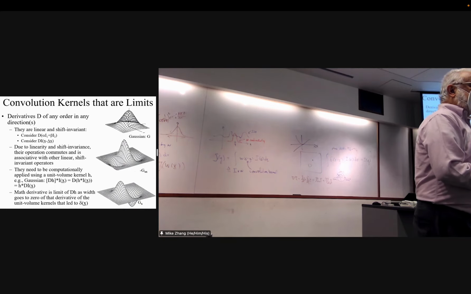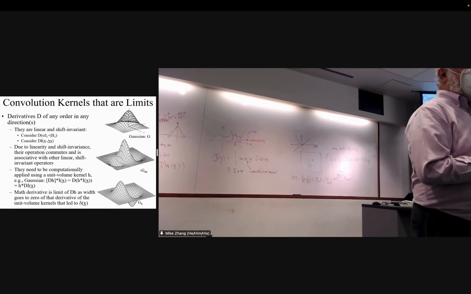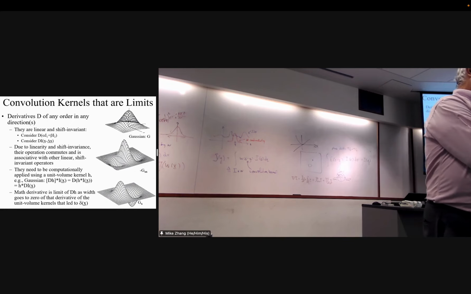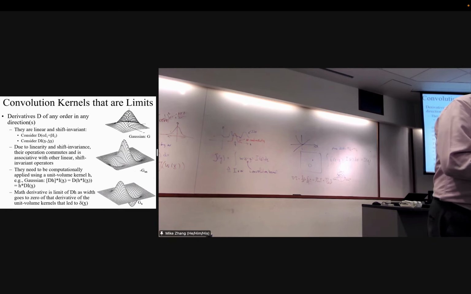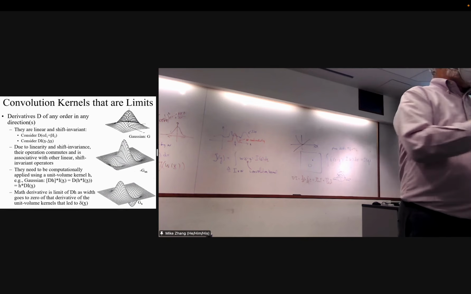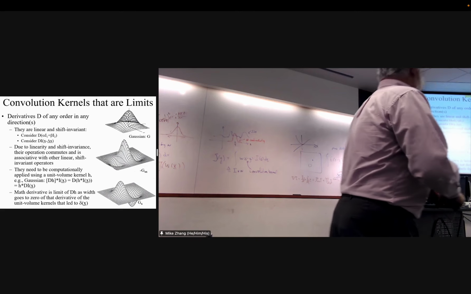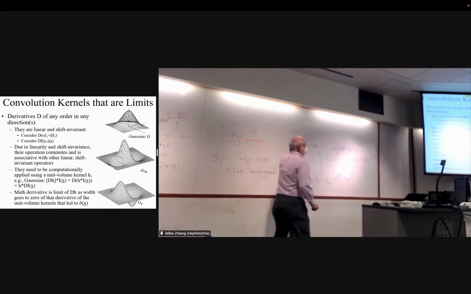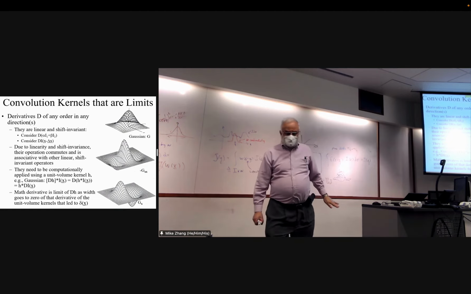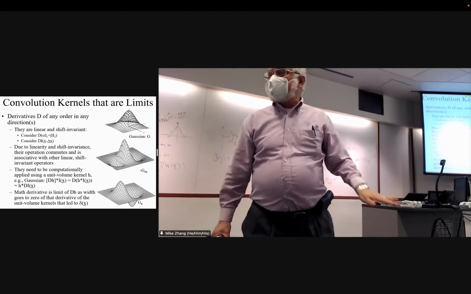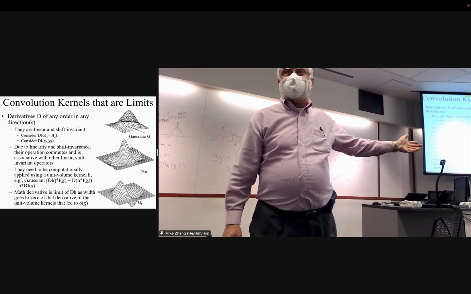So, what we want to do is apply this aperture function on the image and then apply the derivative on that. Or, since the order doesn't matter, we can apply the derivative function and then the aperture function. But either way, we're going to be doing two multiplications. One of them is going to be a multiplication by the Fourier transform of the kernel corresponding to the derivative, and the other one is going to be the Fourier transform of a Gaussian, which is a Gaussian.